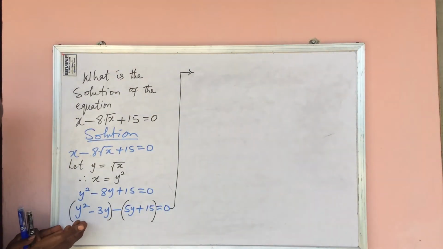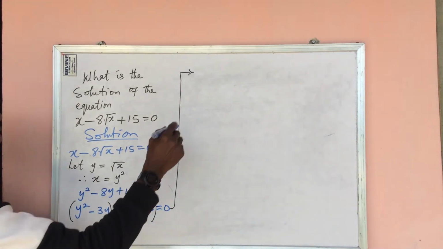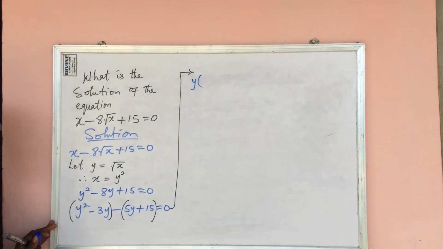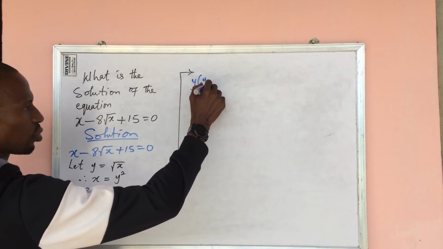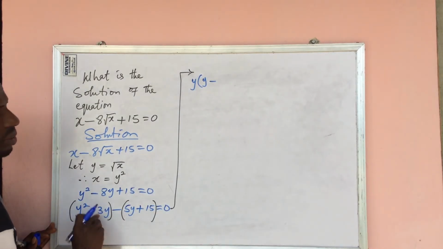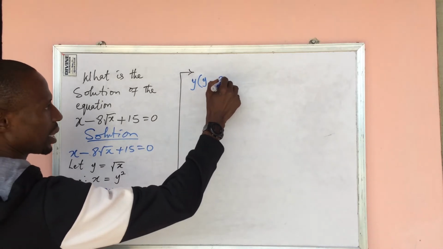We consider the factors common to the first expression. y is common to the first one. If we factorize y out, we get y times y squared over y, which leaves y, then minus y into 3y, we are left with 3.